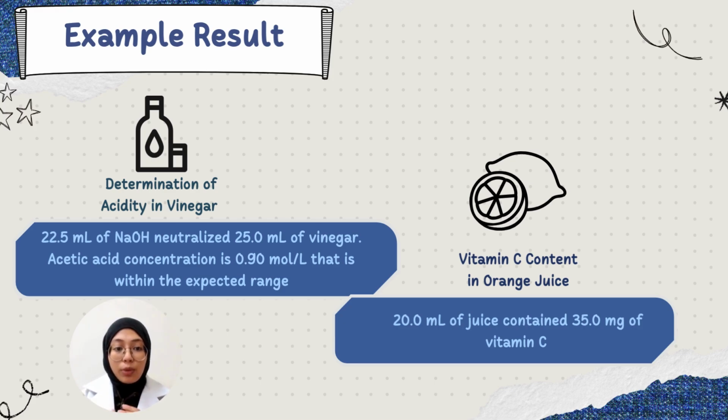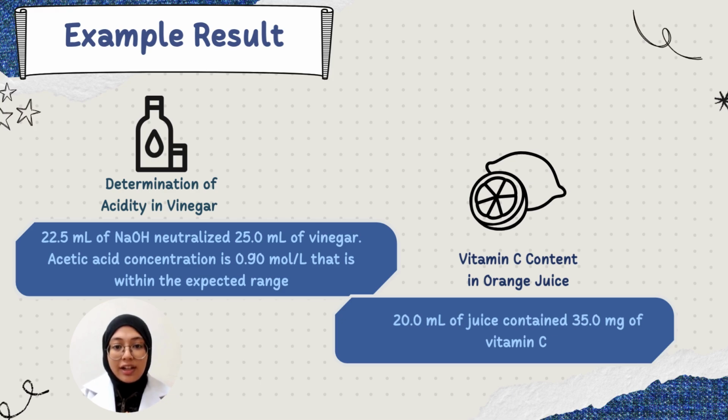Using the titration formula and the molarity calculation, we determined that the concentration of acetic acid in the vinegar is 0.90 mol per liter. This value is close to the expected acidity level found in commercial vinegar, showing that the product meets the quality standards.